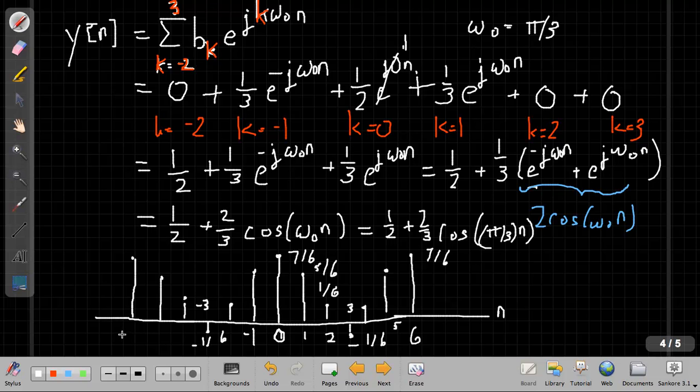So this would actually be at minus 6. So there's drawing 2 whole periods of the signal. So again, you see a cosine envelope here with a DC offset. The middle point is 1/2, even though we never actually get a value of 1/2 out of this thing.